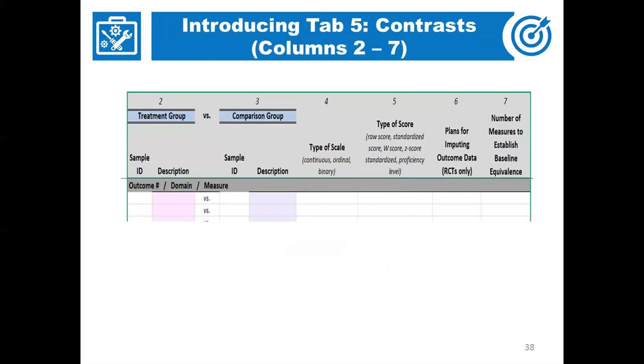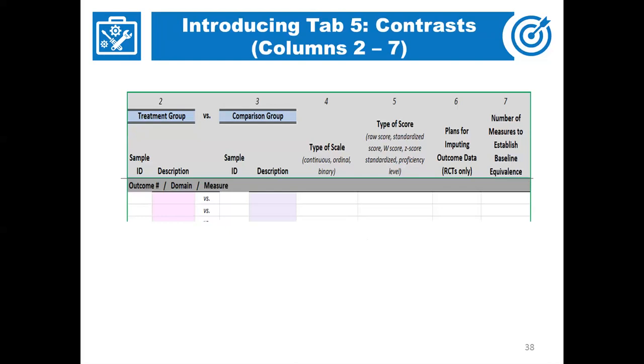When you look at the actual blank template for this, you can see that, again, there's some shading. The shading is always suggesting that this is something that will automatically be filled in by the tab, so it's pulling from other pieces that you've already entered. You're first asked to say, this is a row where you have 2 samples: your treatment and your comparison samples.